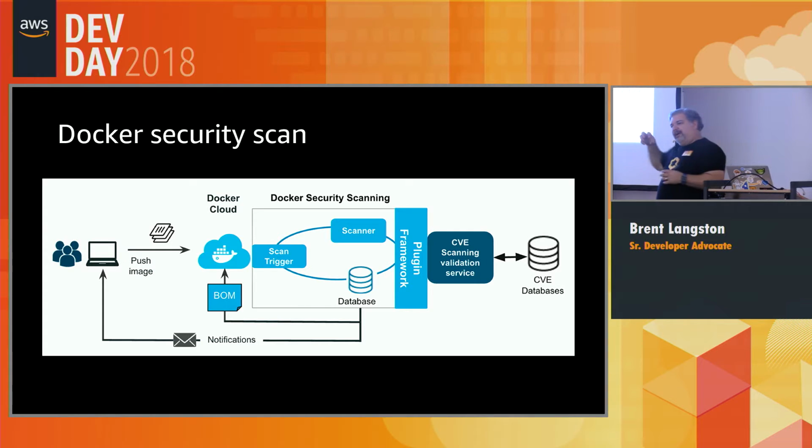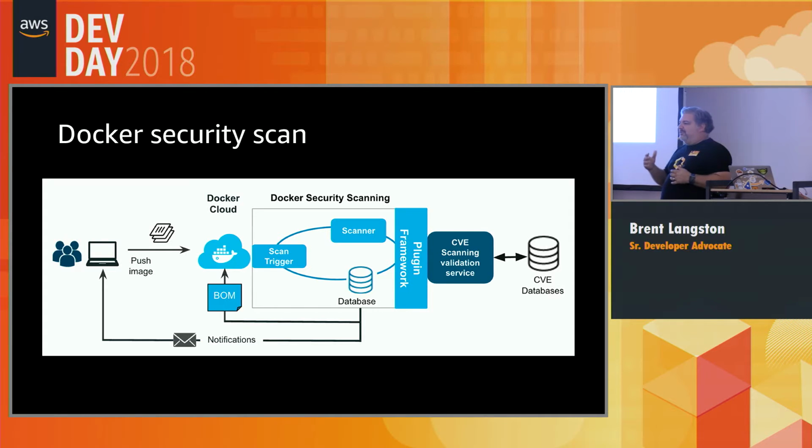So it goes and grabs it, and then it introspects every layer, not just the top layer, and looks at what's in the container, and then it alerts you if there are any known vulnerabilities, and it does that on an ongoing basis. So as long as that version of that container is what you have deployed, I care if a vulnerability is discovered.